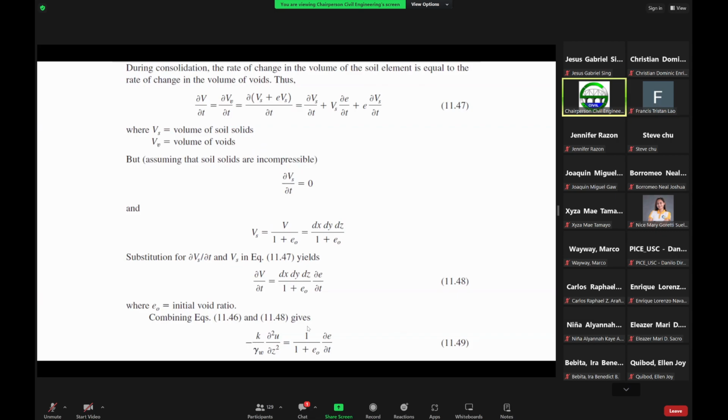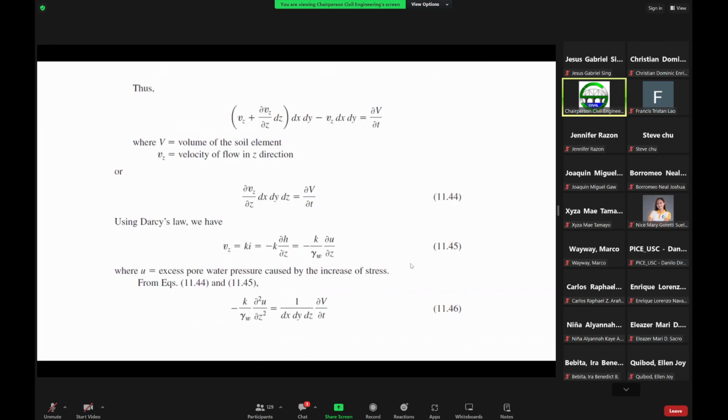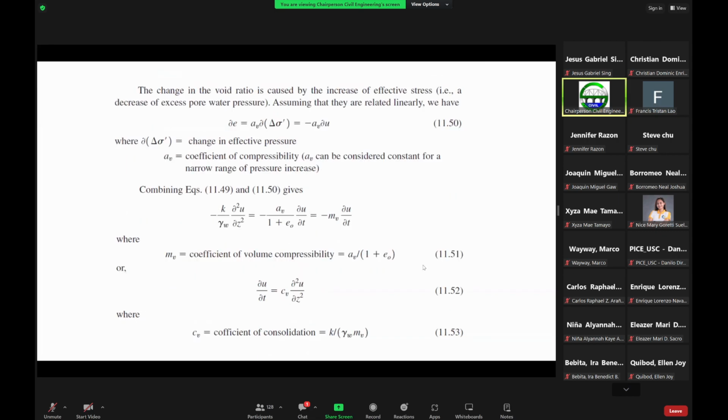So in this equation 11.49, now this change in the void ratio, let's have that one here. The change in the void ratio is caused by the increase of the effective stress, no?